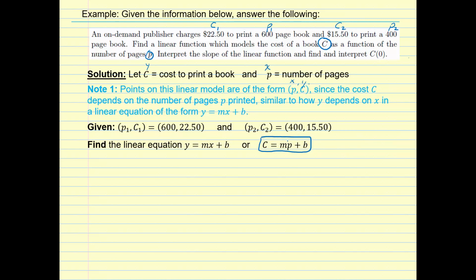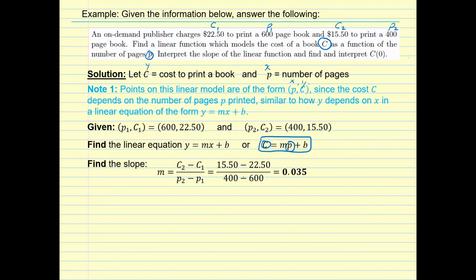It's still a y equals mx plus b format, but in this case we have C and P as our variables. This m and b will be filled in with numbers once we figure out what the slope and the y-intercept are. For us, the slope is the change in y values, C2 minus C1, over the change in x values, P2 minus P1.